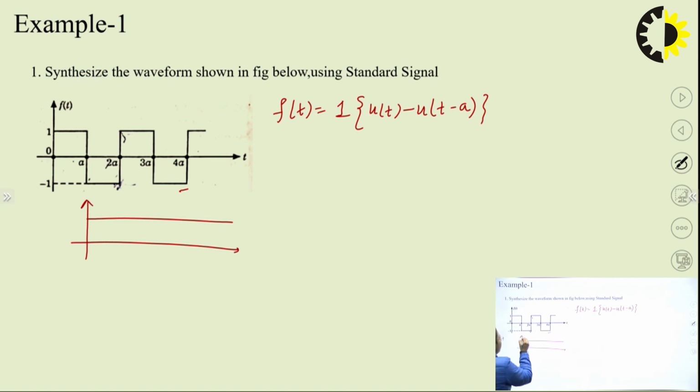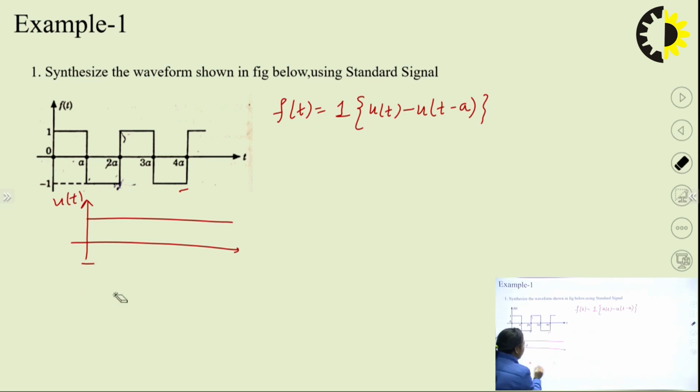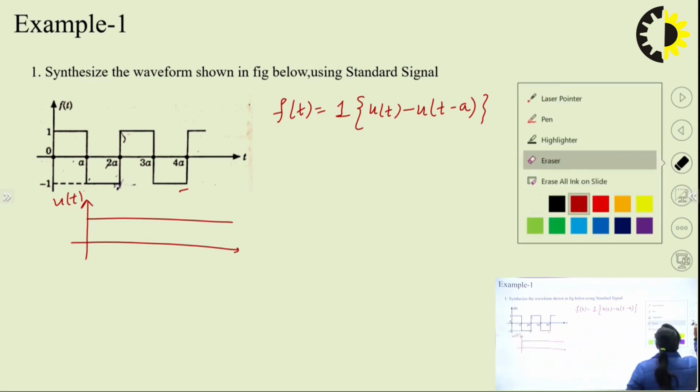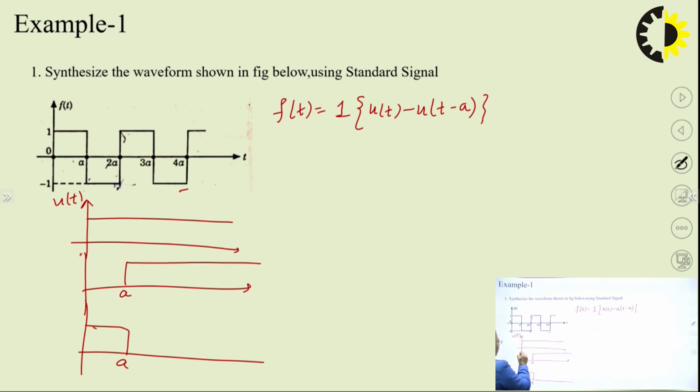Let me explain how I am getting this u(t) minus u(t minus A). See, this is our u(t). If I want the signal up to this point A, this is my output, that is, I need the signal from 0 to A. So if I subtract this signal u1(t) from u2(t), which is actually the t minus A shifted signal, then I am getting this value.